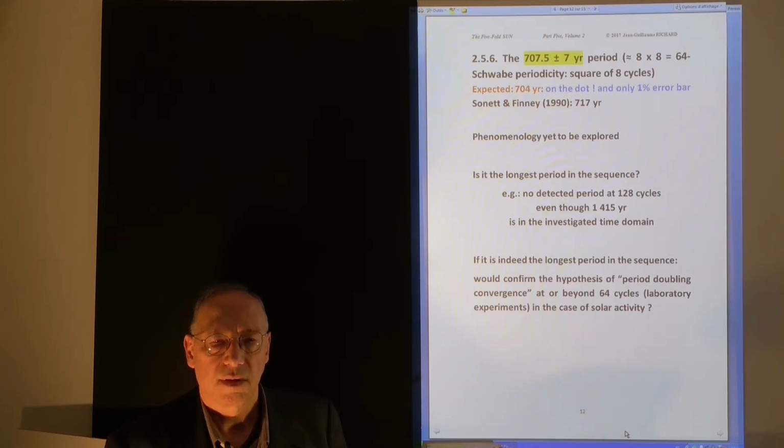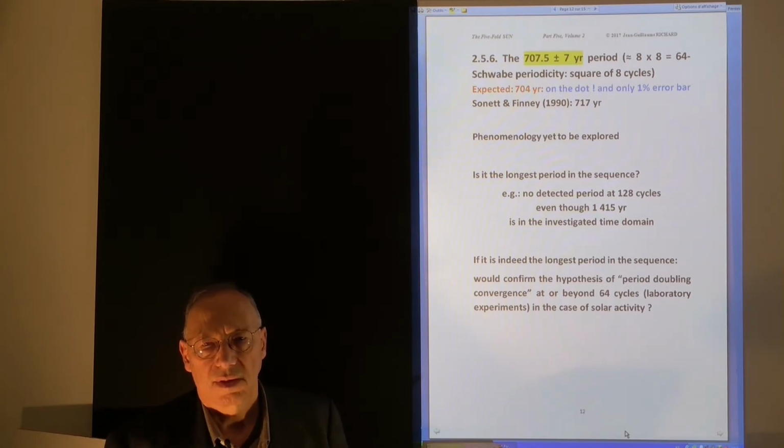The phenomenology of this long period has yet to be explored. Maybe, if it is not yet clear what it is, in fact it has a rather weak effect on solar activity variations, although it has some effect. One question is whether this period is the longest in the sequence under review here.